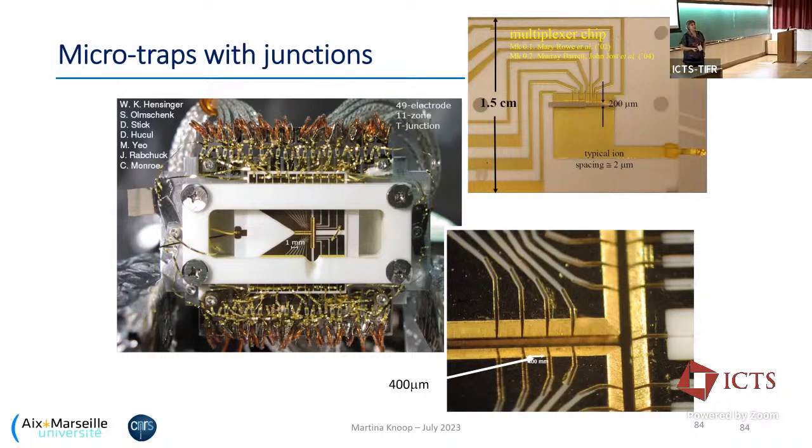So there is a lot of work on what we call shortcuts to adiabaticity. You can be adiabatic, but very fast. This works very nicely, and it can really help to speed up the control and manipulation of the ions in these traps.